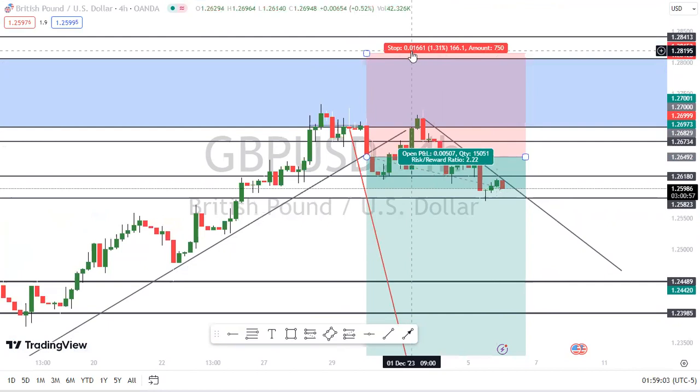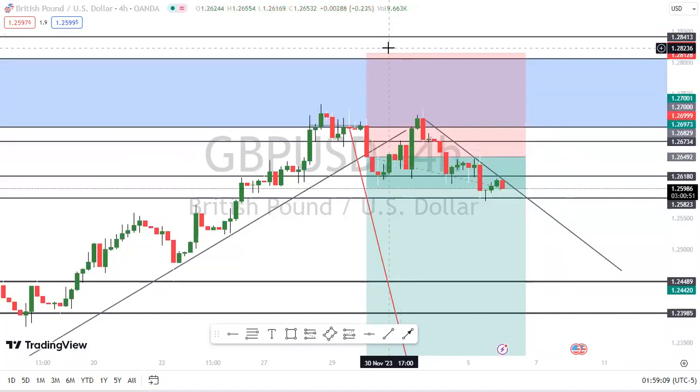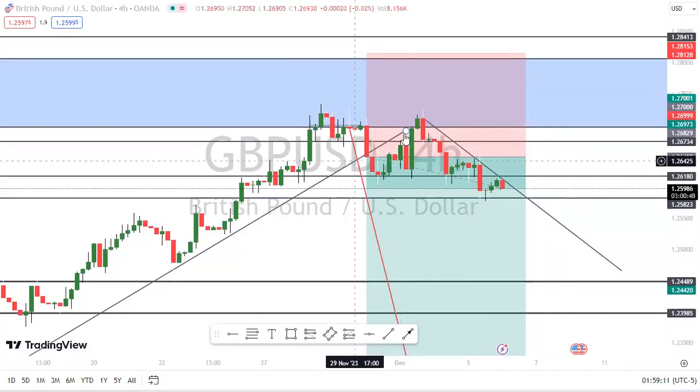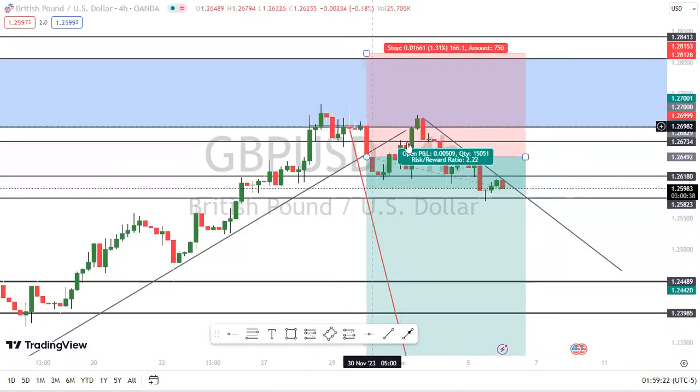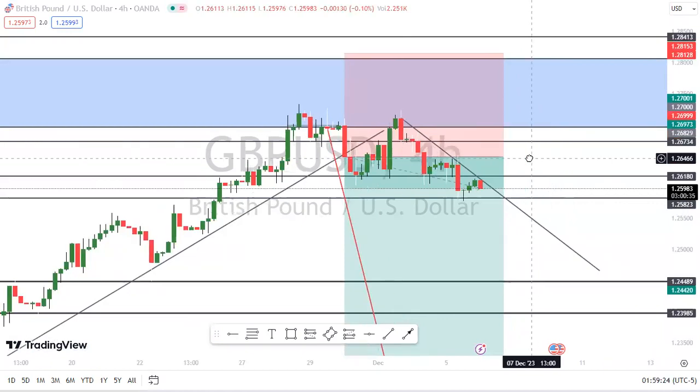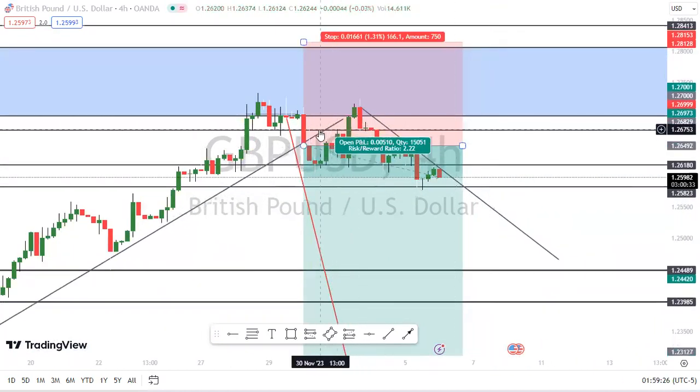So when you put your stop loss above your major level, you're safe, because whenever the market comes and breaks above your major level, it is no more bearish. It is a bullish signal, because we break above the support level. This is the resistance level. I hope you understand.